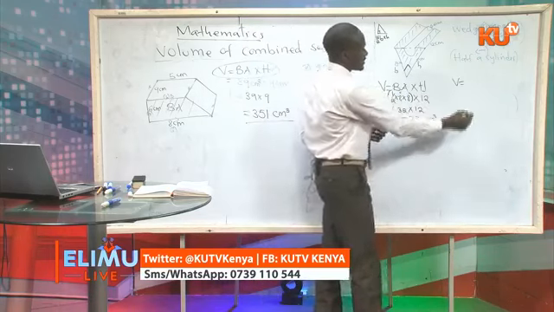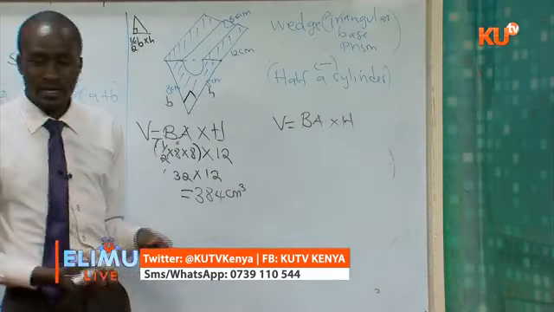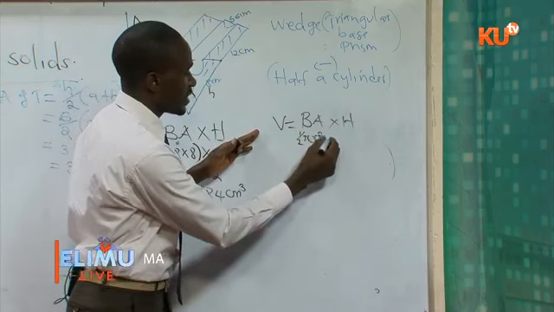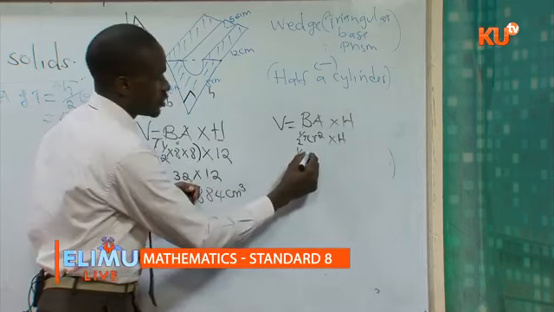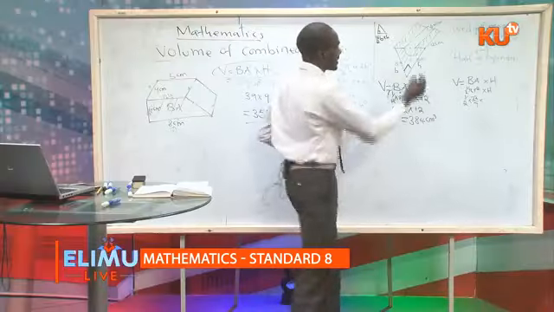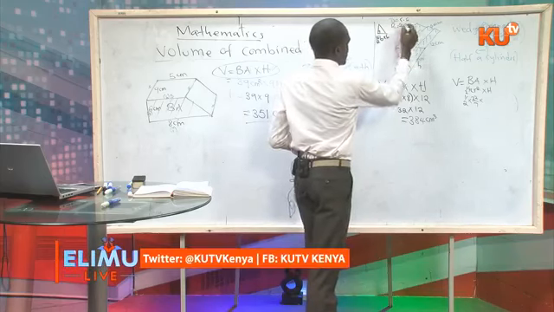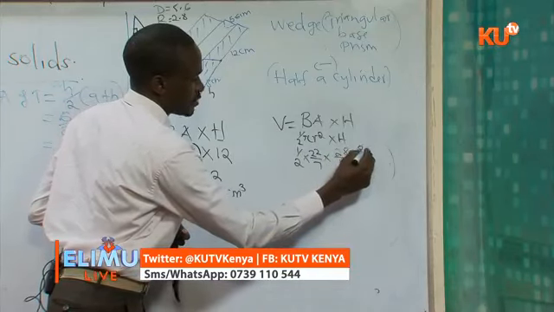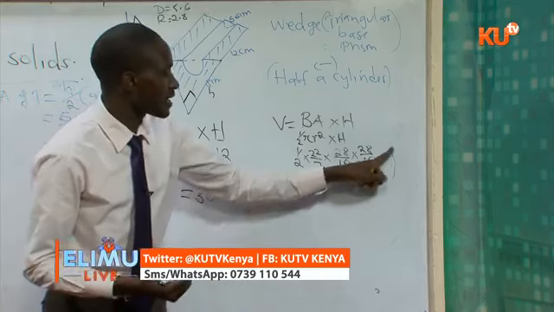Now find the volume of half a cylinder. We said base area times height, and its base area is half a circle, so half pi r square times h. So half times 22 over 7 times radius. Remember, 5.6 is diameter. So radius is 2.8. Now we'll say 28 over 10 times 28 over 10, which is r times r.